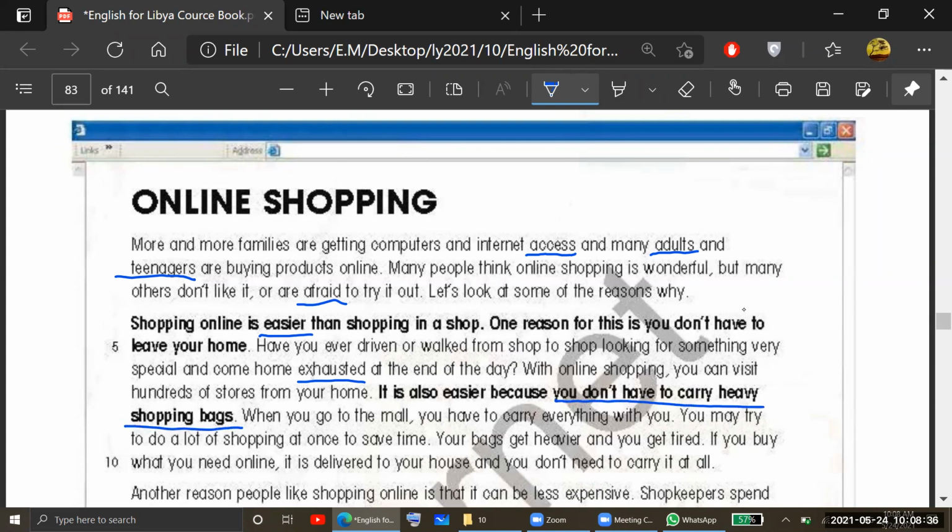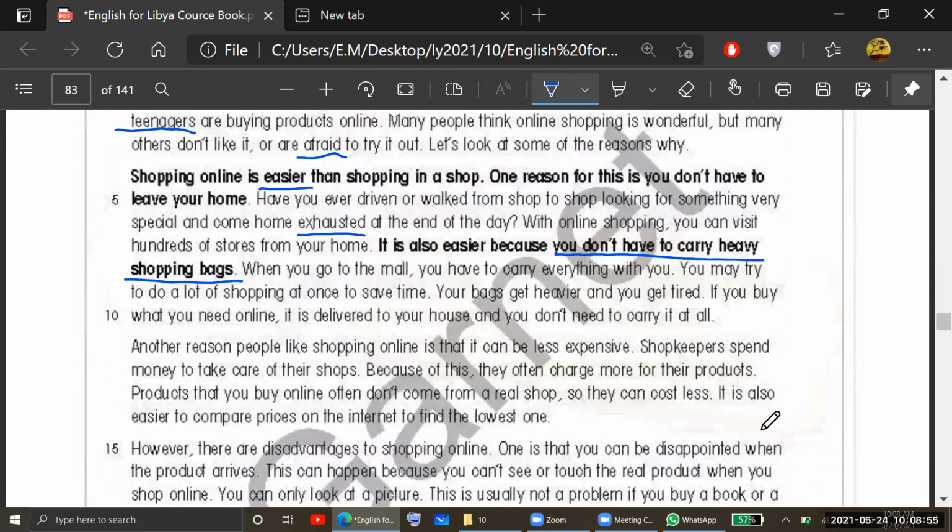ما في داعي تحمل كل الأغراض اللي سوقتها، في شخص هيوصل لك إياهن على الباب، على البيت. When you go to the mall, you have to carry everything with you. You may try to do a lot of shopping at once to save time. Your bags get heavier and you get tired.